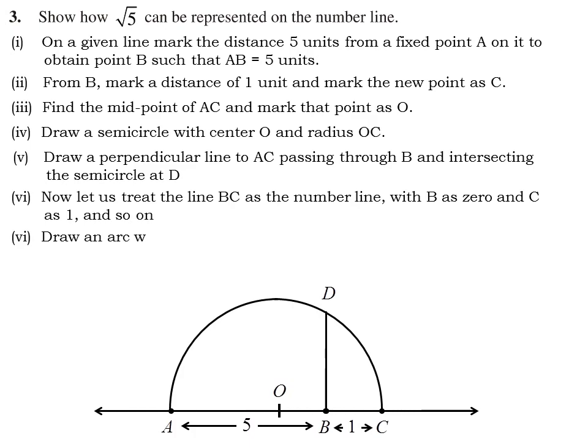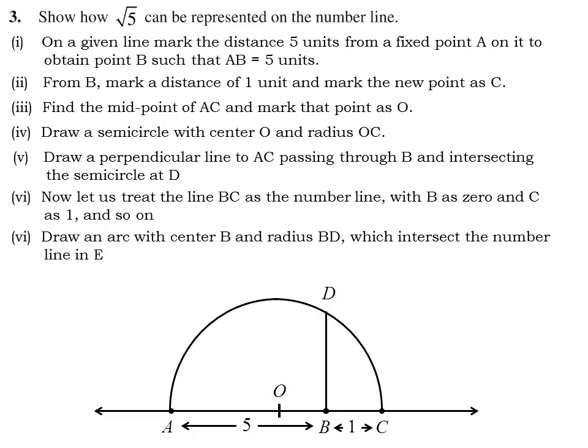Draw an arc with center B and radius BD which intersects the number line at E. So I am drawing an arc which intersects the number line at point E. This point E represents root 5. So E represents root 5 on the number line.